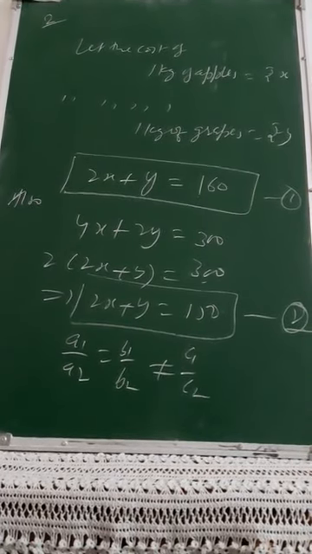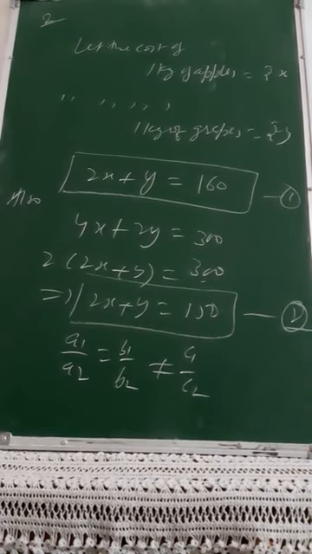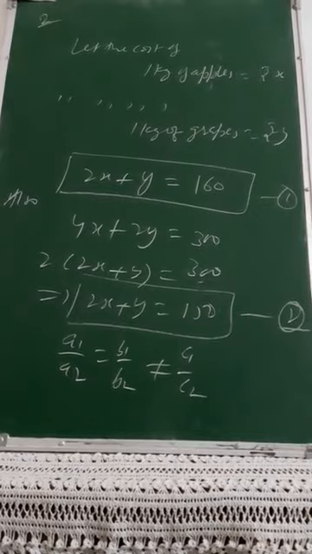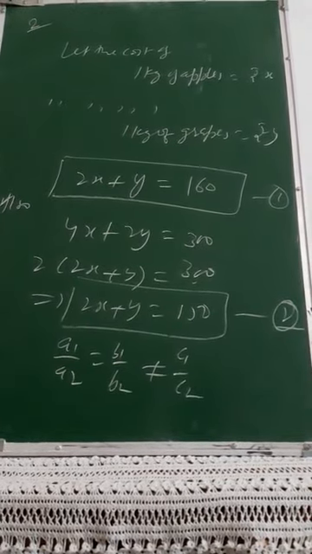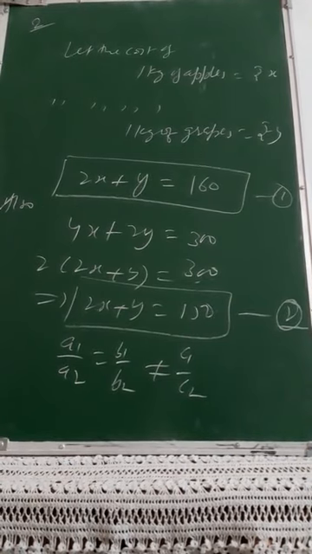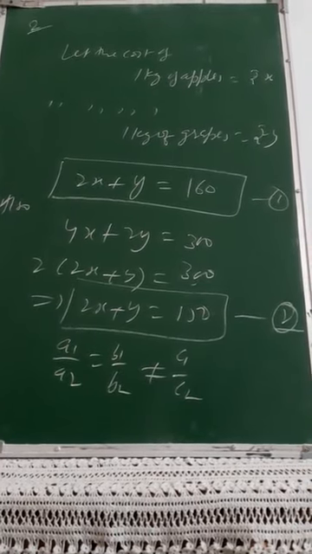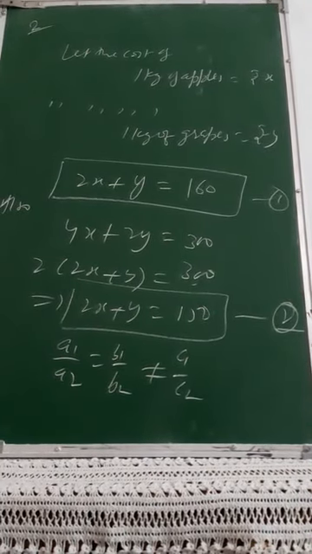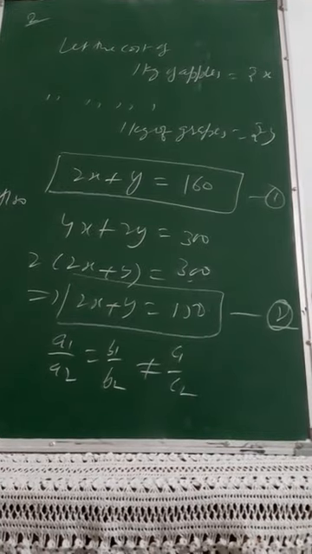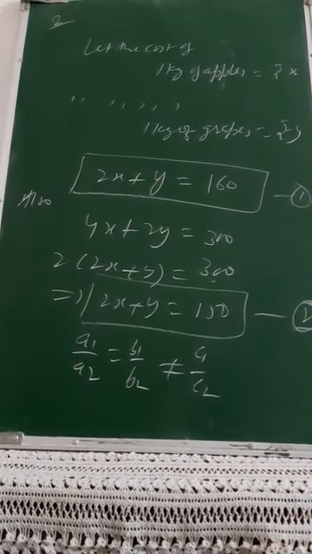So the lines are definitely parallel to each other. Hence no solution for these equations is possible. So that is the beauty of your NCERT textbook exercises, that within one exercise all three conditions within these three questions are explained to you: intersecting lines, coinciding lines, as well as parallel lines.